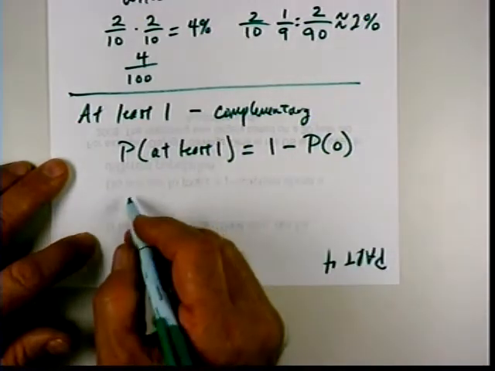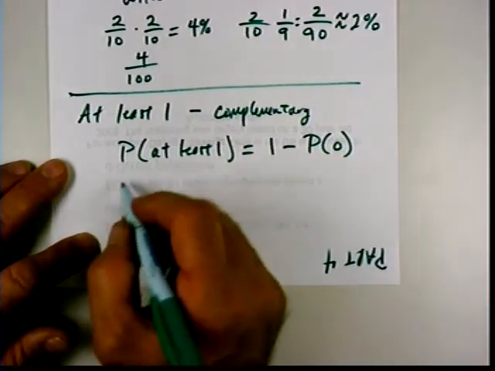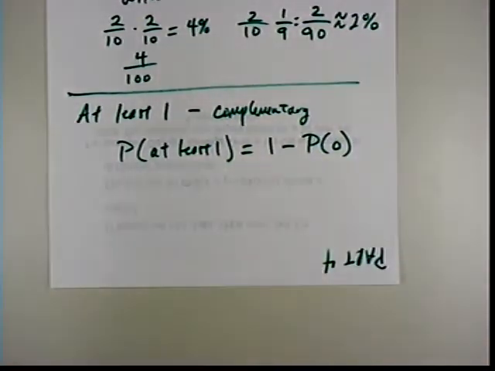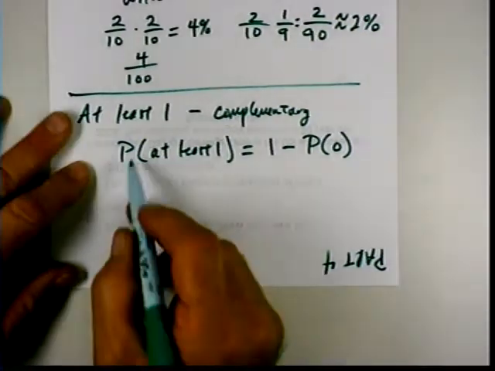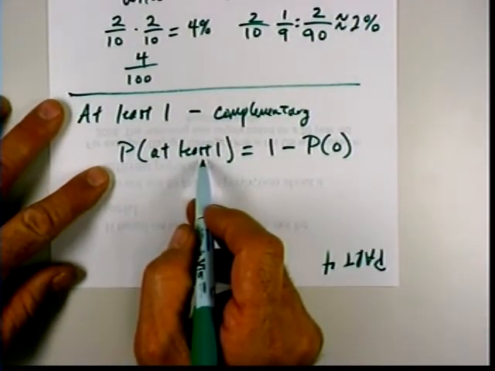And it turns out that sometimes this can be very easy to calculate. For example, what is the probability of getting at least one heads when I flip a coin 20 times? Well, if you try to calculate that directly, it is going to be a very difficult thing to do.